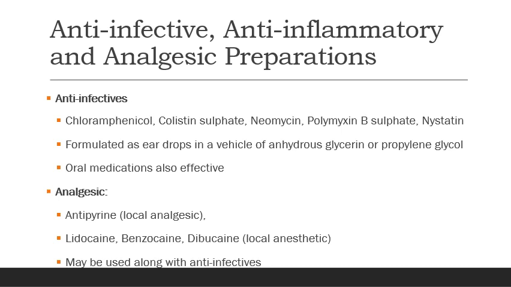So if the patient is suffering from any kind of infection in the ear, different types of anti-infectives are available that include the antibiotics and the antifungal agents, like chloramphenicol preparations, which are also available for the ear. Chloramphenicol is an antibacterial. Colistin sulfate, neomycin, and polymyxin B are also antibacterials and can be used in different types of infections in the ear. Nystatin is an antifungal agent and can as well be used in the fungal infections of the ear.